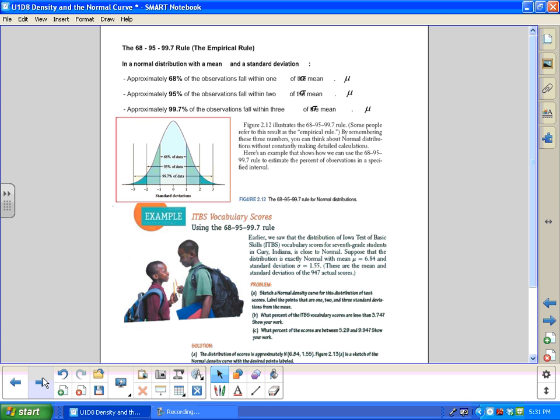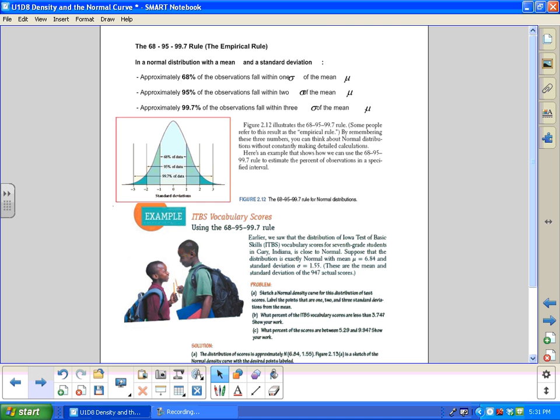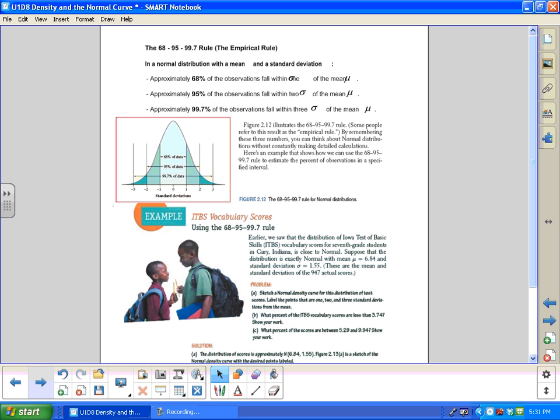The 68, 95, 99.7 rule tells us what percent of our data in a normal curve fall within 1, 2, or 3 standard deviations of the mean.